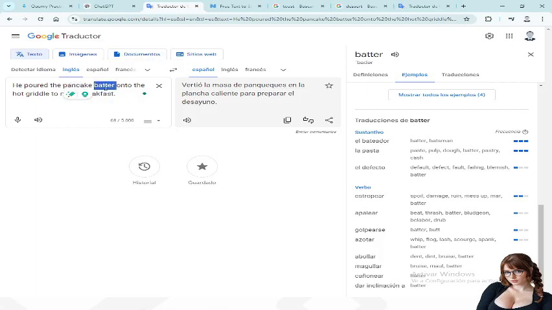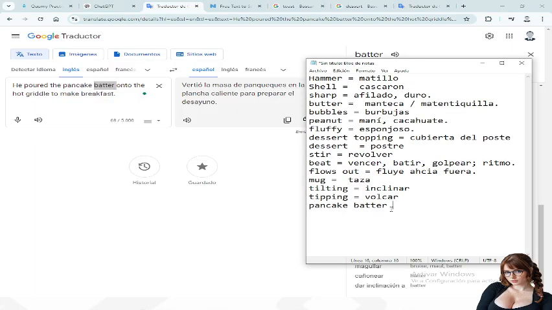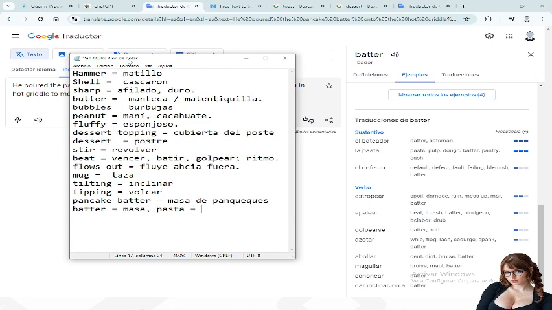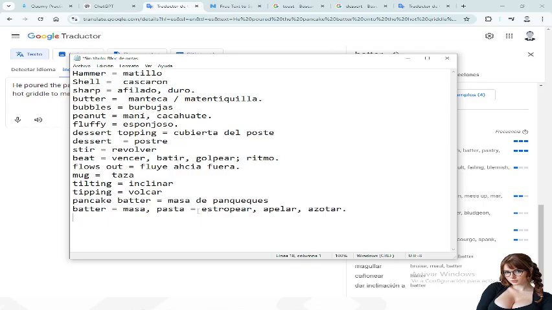Okay, we have different meanings when we are talking about a verb.